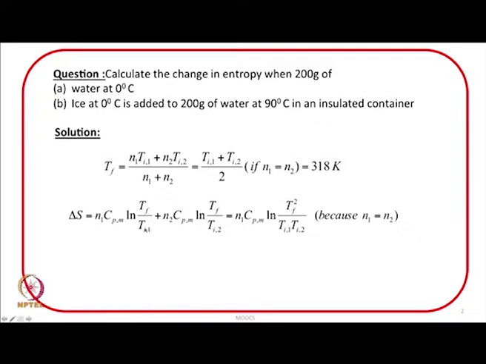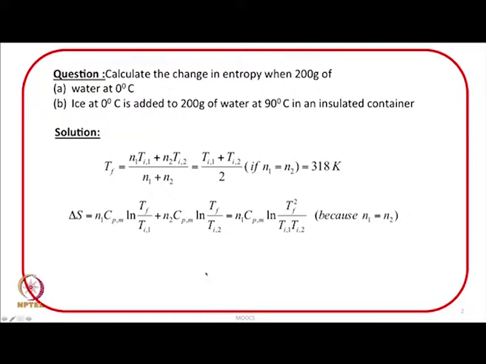And in fact, if you combine these two logarithmic terms, N1 is equal to N2, so N1 and Cpm will come out. Log A plus log B is equal to log A into B. So, when you combine, the final form is N1 into Cpm into log T final square over Ti1 into Ti2. This is because N1 is equal to N2.